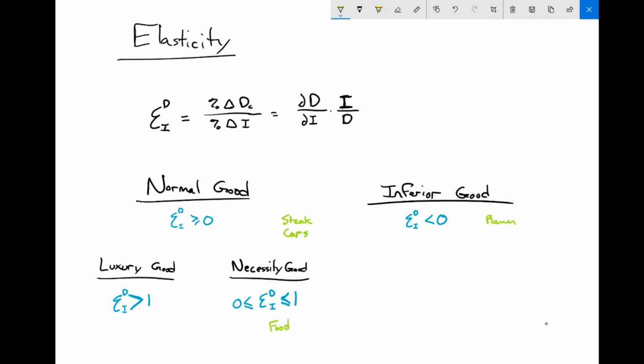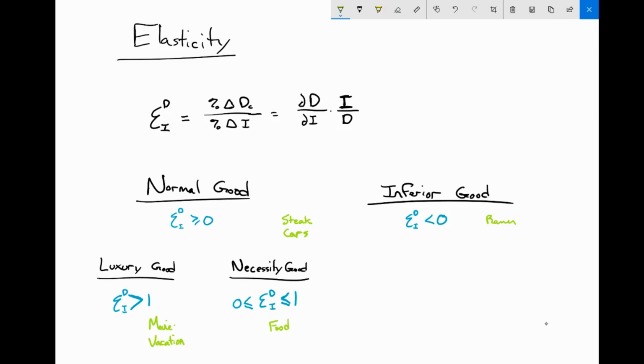In fact, you're only going to spend a smaller proportion of that increase in your income on food, and you're going to start to do other things that you wouldn't allow yourself to do before, like going to the movies. When your income goes up, you're going to spend a little bit of that additional income on food, but you're going to spend a lot more on maybe going to the movies or going on a vacation. So these might be examples of luxury goods.